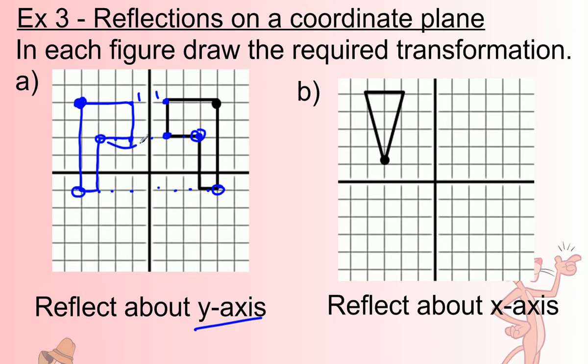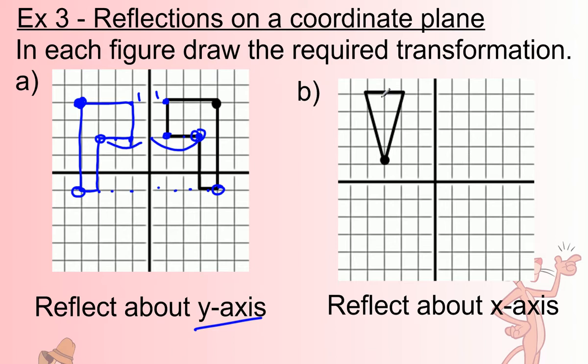The distance on both sides of the y-axis is the same. That's why it's a mirror image about that y-axis. If you imagine taking your piece of paper and folding it right on that y-axis and pushing it together, those two images I've drawn here should exactly overlap each other on the folded piece of paper. And that's what a reflection is.